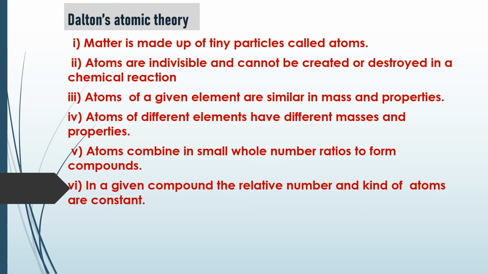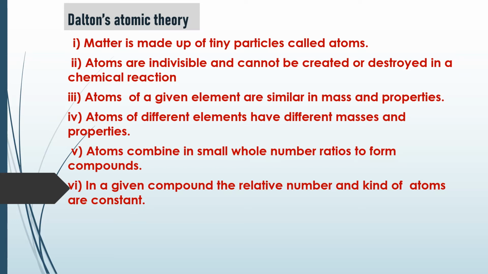Let us have a look into it. Dalton stated that matter is made up of tiny particles called atoms. Atoms are indivisible and cannot be created or destroyed in a chemical reaction. Atoms of a given element are similar in mass and properties.